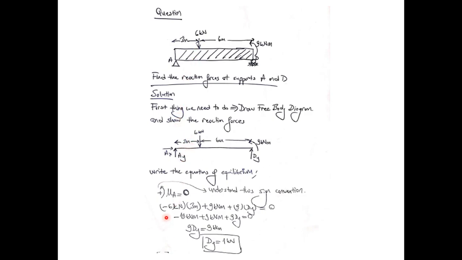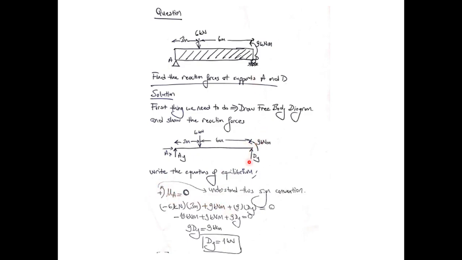How do we calculate the moment? It's force times distance. So minus 6 kilonewtons, and what is the distance to support A? It's 3 meters, times 3 meters, and we have 9 kilonewton meters here, which has a plus sign in front of it because it is acting in the counterclockwise direction.